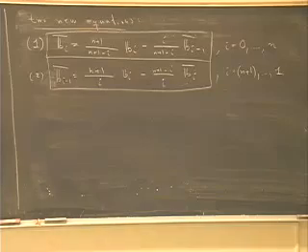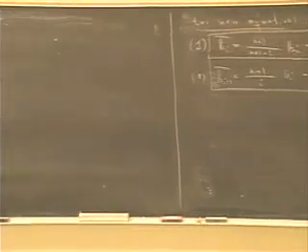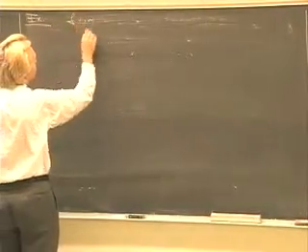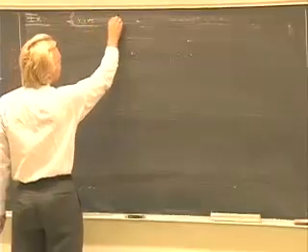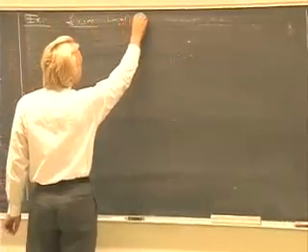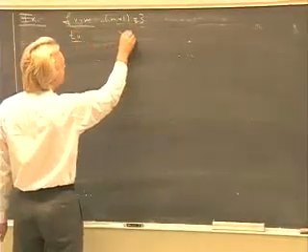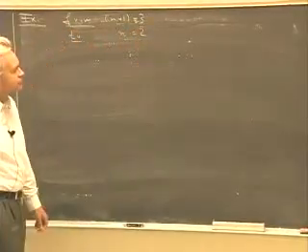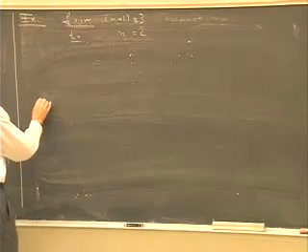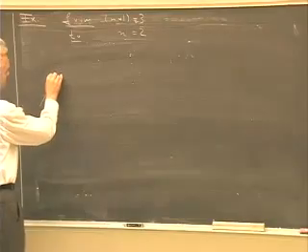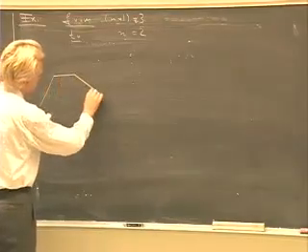So, example, we go from, say, n plus 1 equals 3. We try to go back to n equals 2. Okay, so this is what I have.